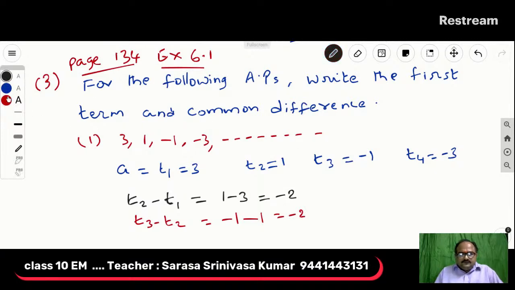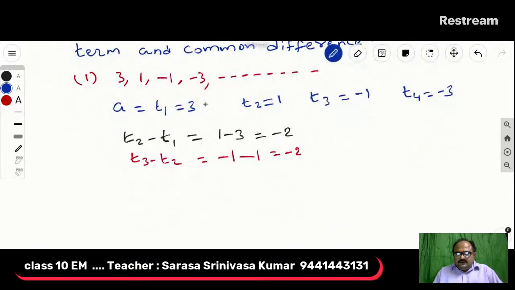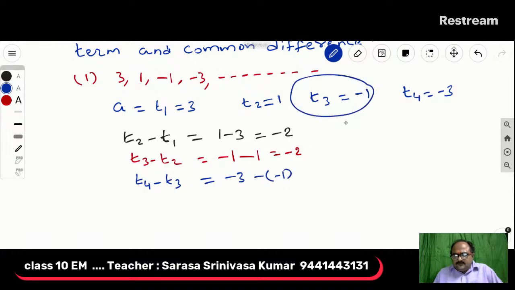Next t4 minus t3, this is equal to minus 3 minus of minus 1. Here t3 is minus 1. This is equal to minus 3 plus 1, which is equal to minus 2.